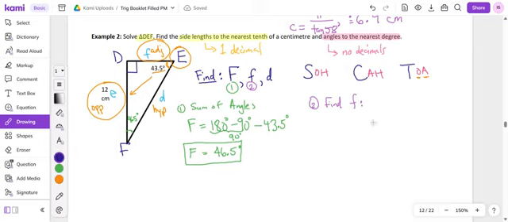That means we're using the tangent formula. So I'll write tan of the angle. Which angle am I using? Is it E or F? Good. Tan of E equals opposite over adjacent. Now let's rewrite this formula with the numbers that we have. Tan of 43.5 degrees is opposite, which is 12 centimeters, over adjacent. I don't know the length of adjacent, but we're calling it F.